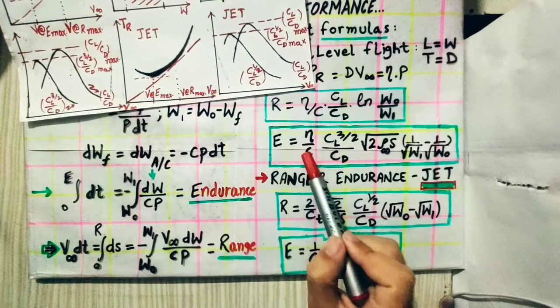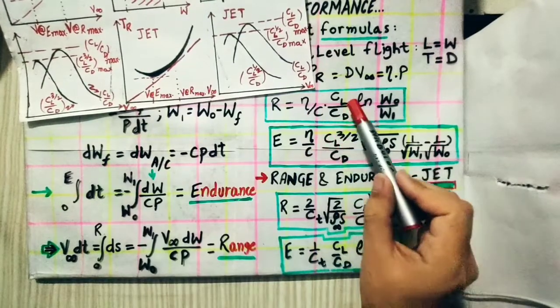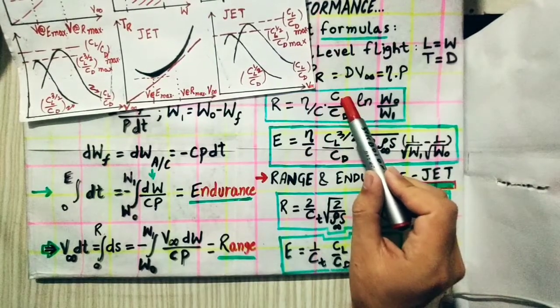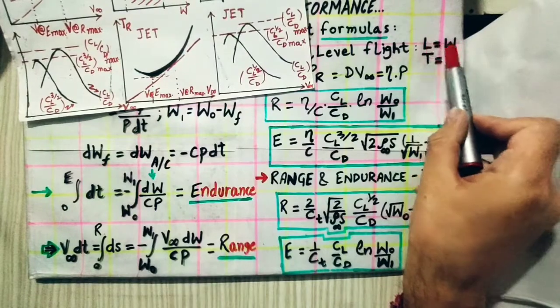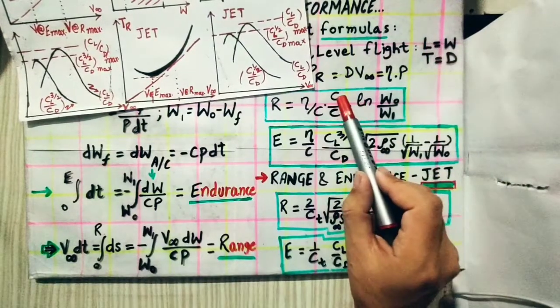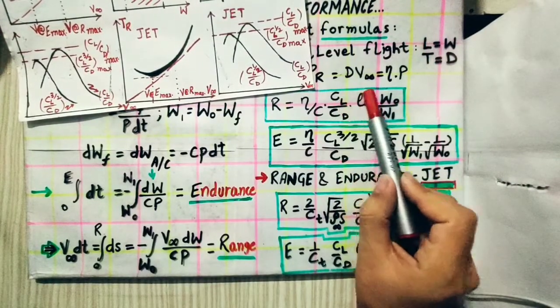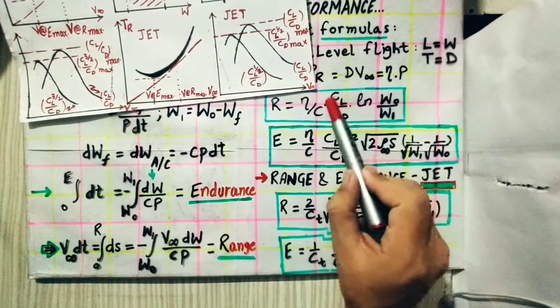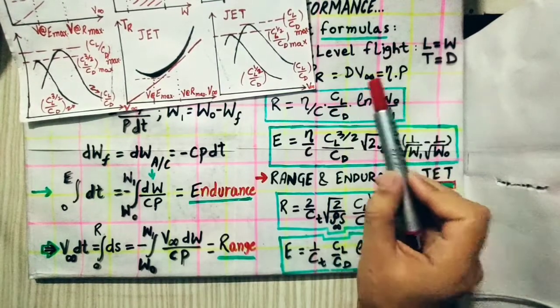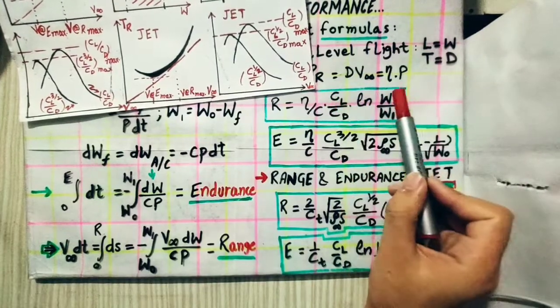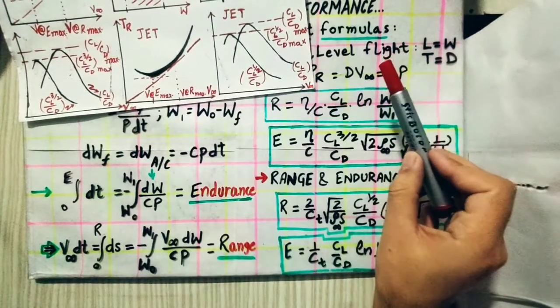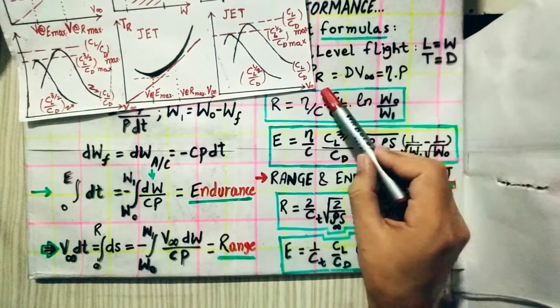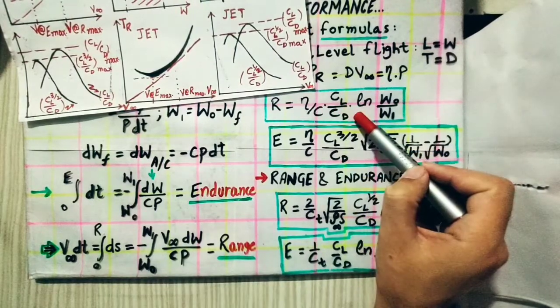We know lift equals weight, and from this we can calculate the velocity knowing the CL. From that we can compute the CL by CD ratio, plot its variation with respect to velocity, and see the corresponding velocity at which the aircraft will fly for CL by CD max, for range maximum.